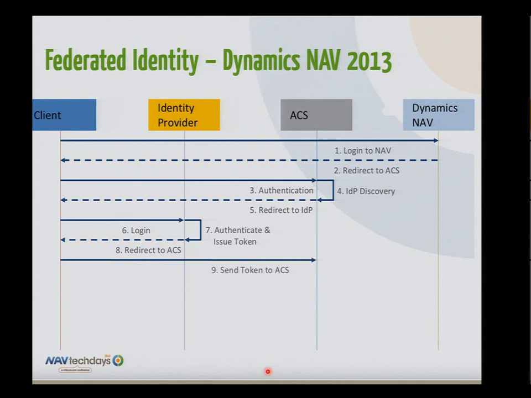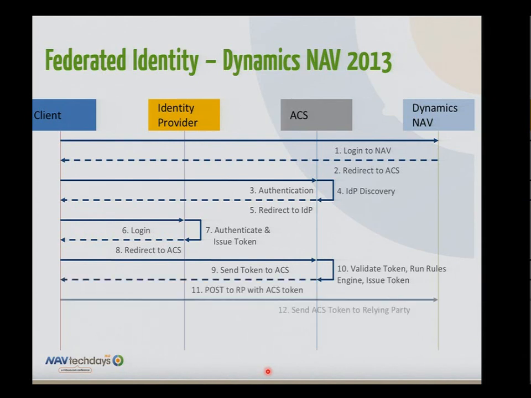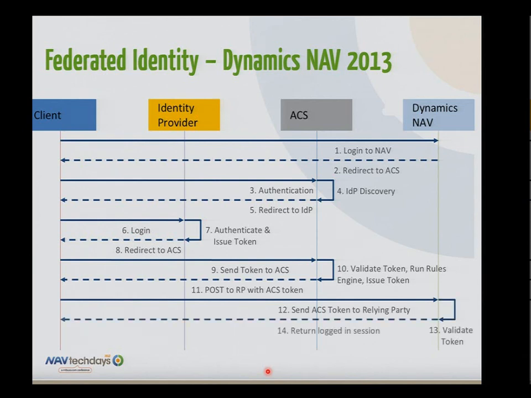Redirect to ACS again and send the token to ACS, which validates the token, runs the rules, and issues a new token. This token is then posted to the original application that the user is running, which validates the token, and you have a session. So all this happens in ACS. It's what I demoed in my example just before.